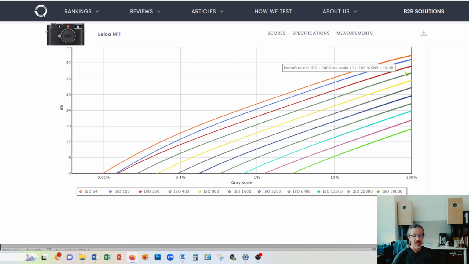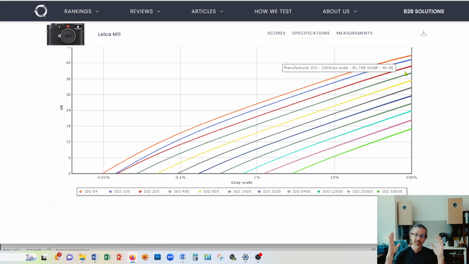That's because you have to set up your camera so that when you take the photo, your information is between the 2% and the 98% grayscale equivalent or contrast equivalent range.